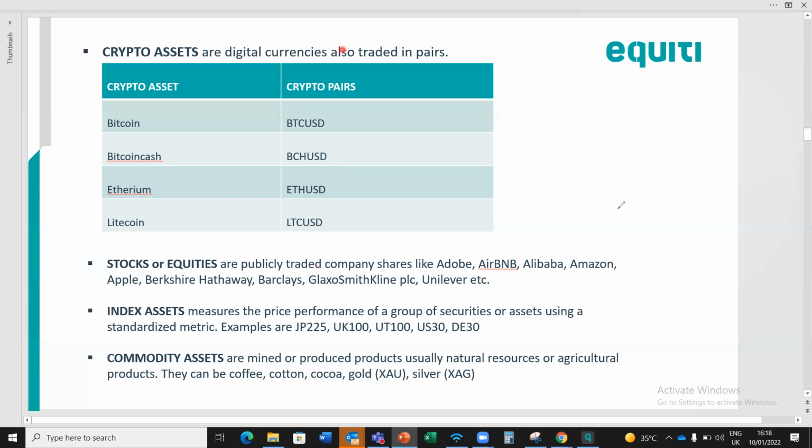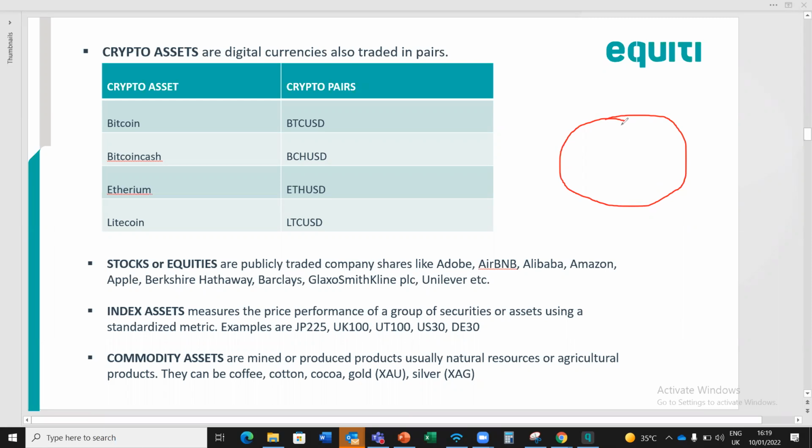Let's assume this is a basket, which we most times call a basket of securities or basket of assets. We call it that because it's many securities put together in one basket, so to say.